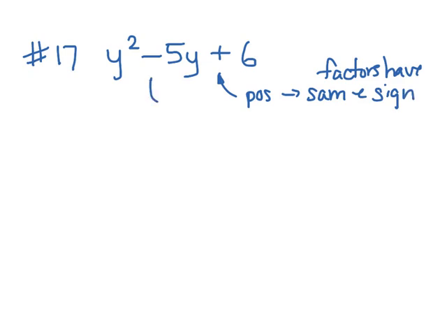And because the middle term is negative, that means that our factors are both negative. So remember, the first sign you look at is the sign of your constant, and then the second sign you need to look at is the sign of your b.